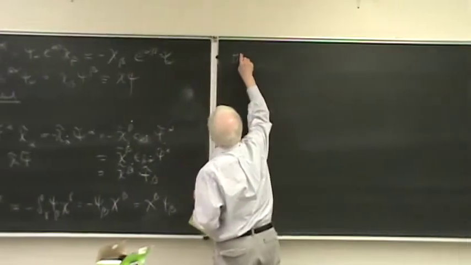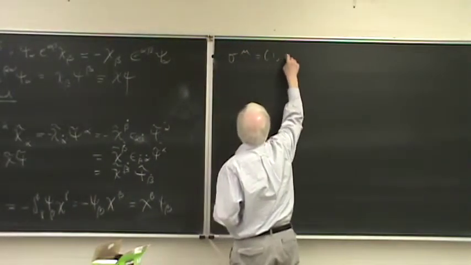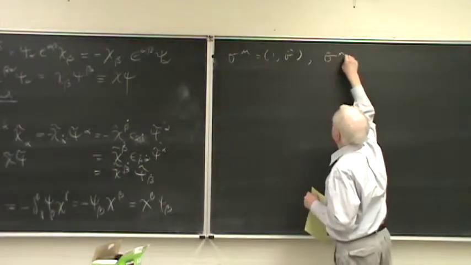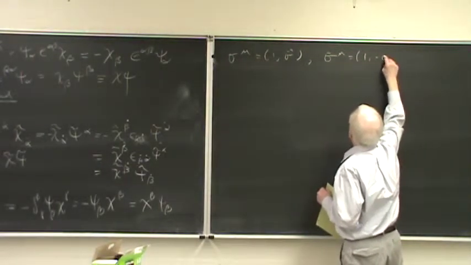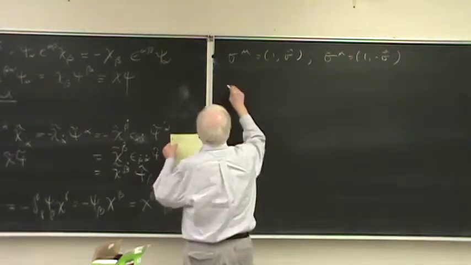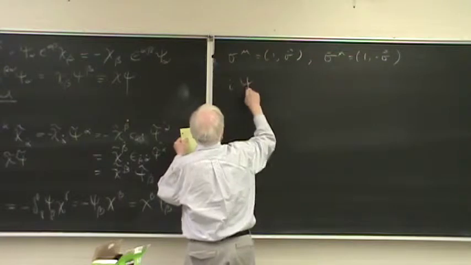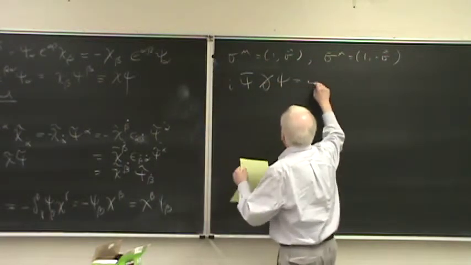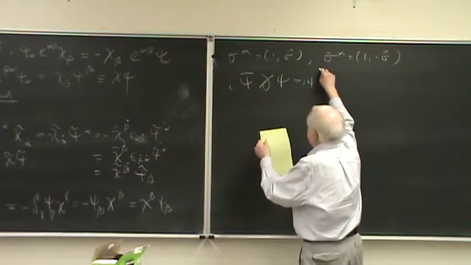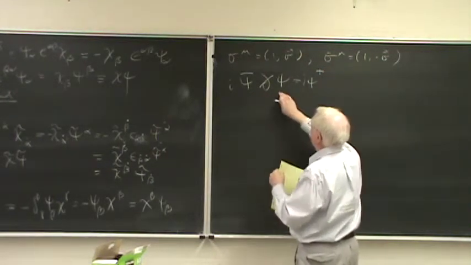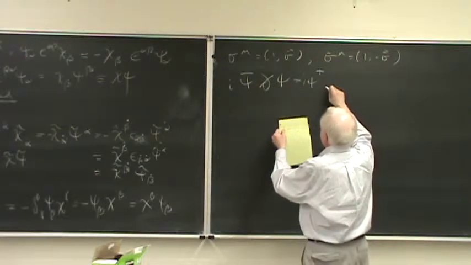Now, sigma mu, of course, is 1 sigma, and sigma bar mu is 1 minus sigma. And the kinetic part of the Dirac Lagrangian is i psi bar d slash psi, which is i psi dagger. This is two-component notation, so this is psi dagger.